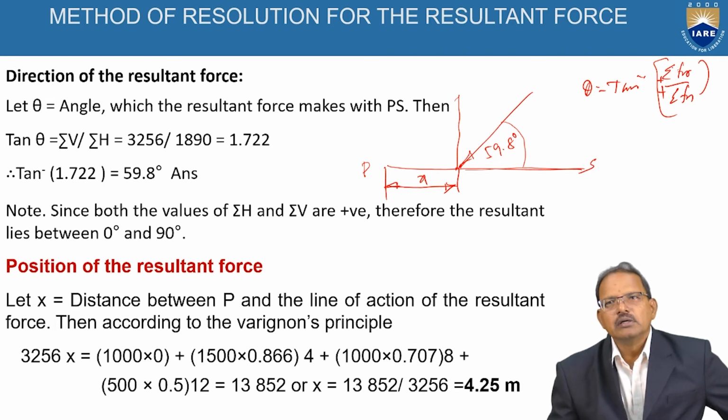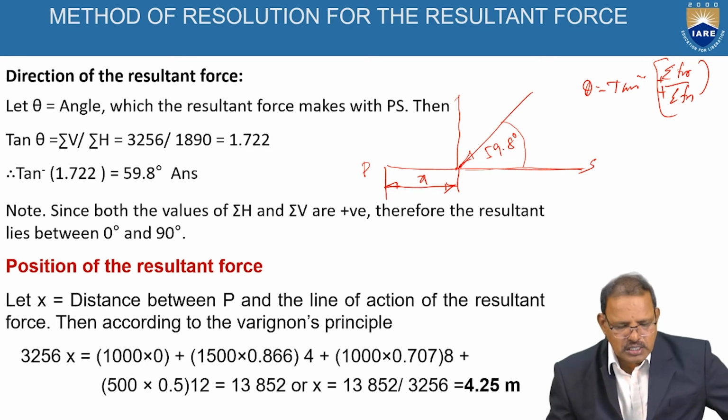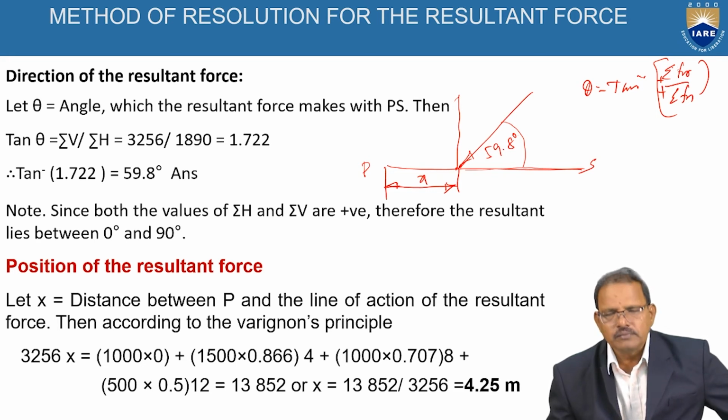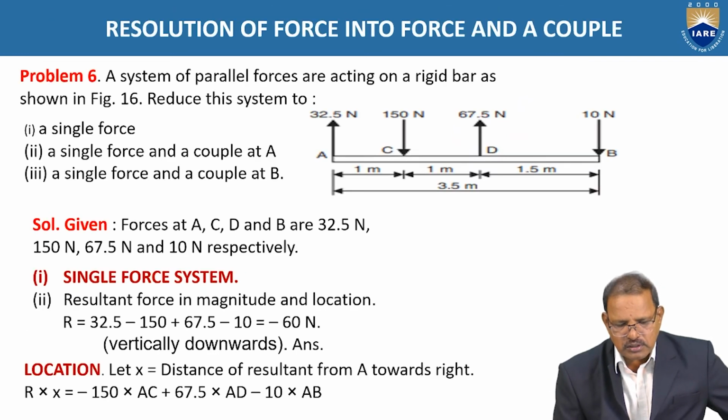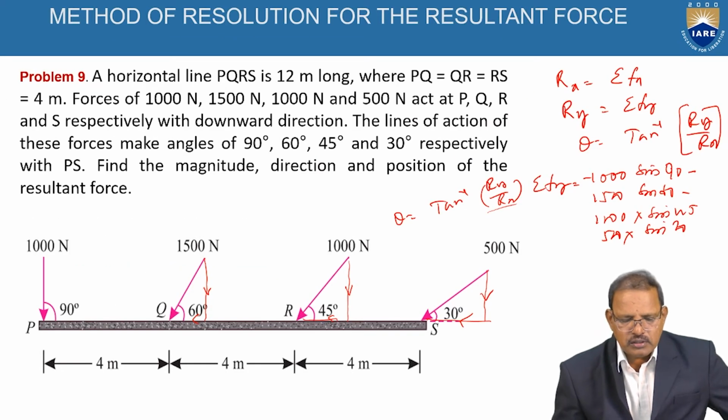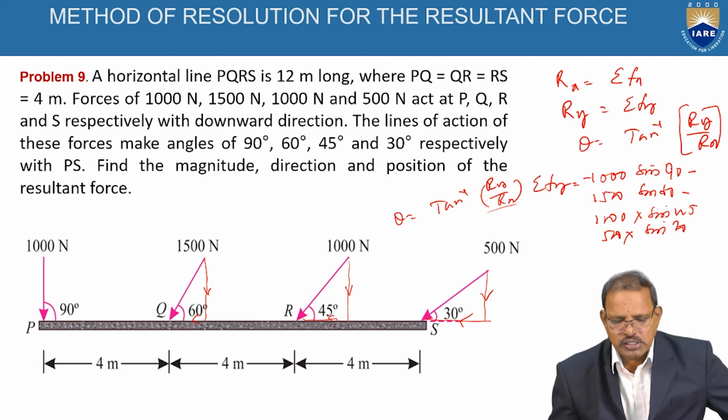So, 1000, since at P this 1000 force is acting, the distance is treated as 0, plus 1500, that is the second force PQ, and here we have to take the vertical component only. That means the vertical component, according to this figure, is 1500 cos 60.